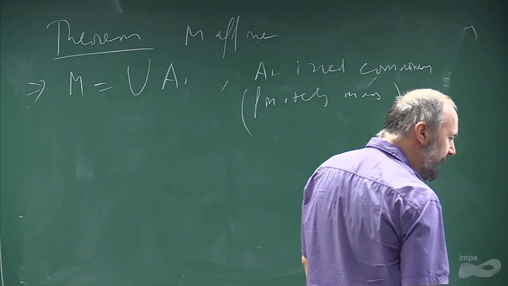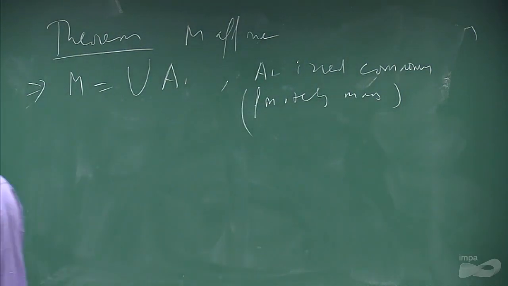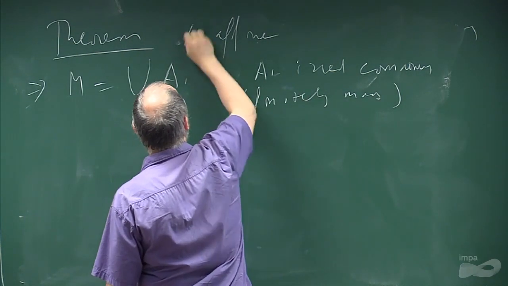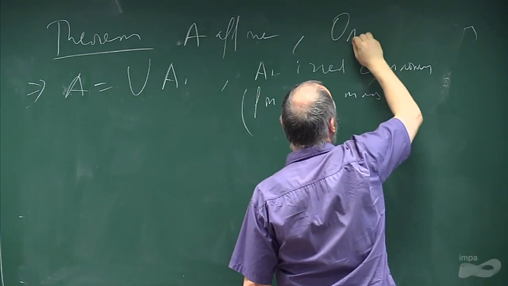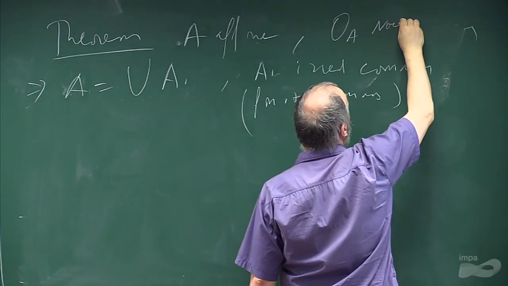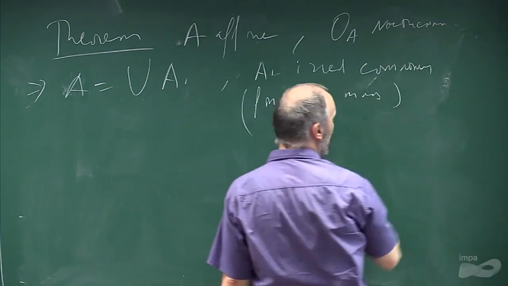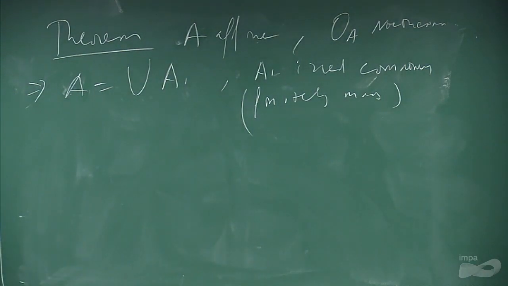So here I have this assumption, which is not needed, of course, because we know that affine varieties have finitely generated rings. Let's call it A, and O(A) is Noetherian. I don't need this assumption, and I will skip it because of the Hilbert basis theorem.